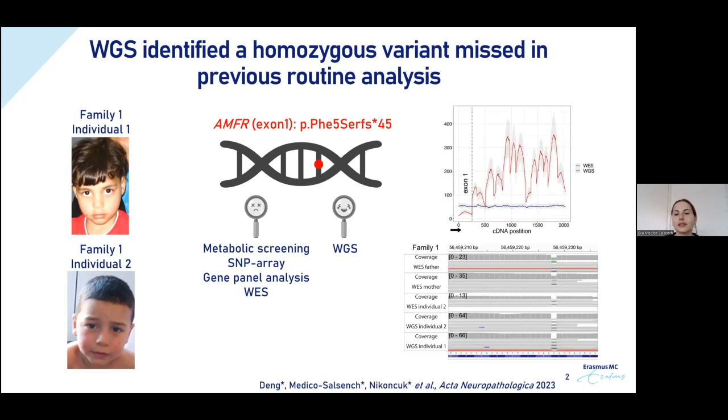And in this case, this is due to the coverage of the exon 1, where the mutation was found in AMFR. As you can see in the red line, this is the coverage by whole exome sequencing, and this coverage is lower when you compare it to the whole genome sequencing, which has a higher coverage, and this is why we were able to identify the mutation using whole genome sequencing.